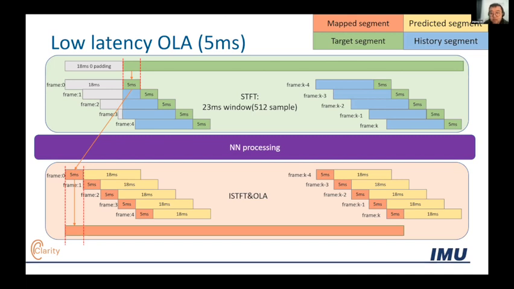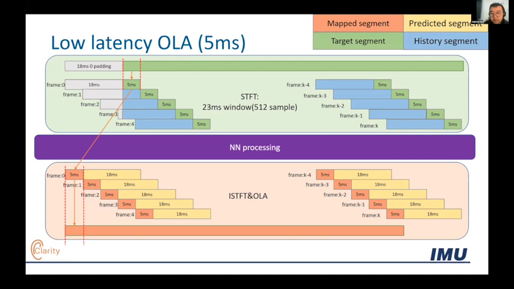So we use a 23 millisecond window with a 5 millisecond frame shift. First, we will emit 18 milliseconds of zero signal at the system's start. And you can see when 5 milliseconds of signal is cached by the system, they're concatenated, and then we get frame 0.